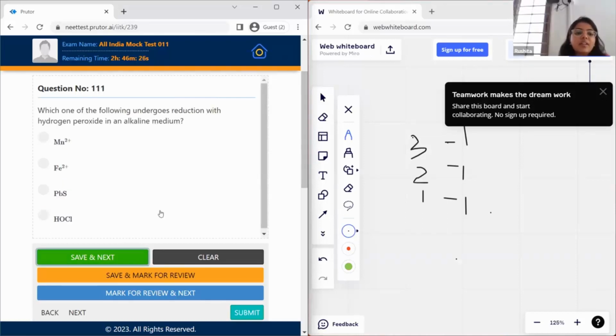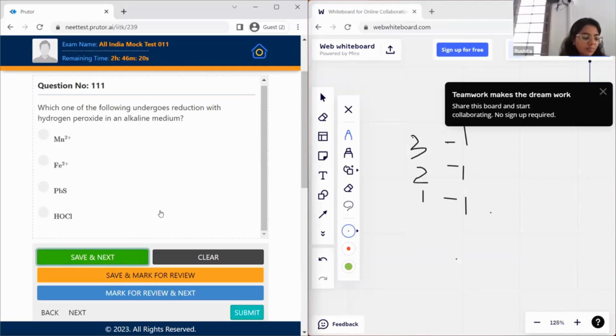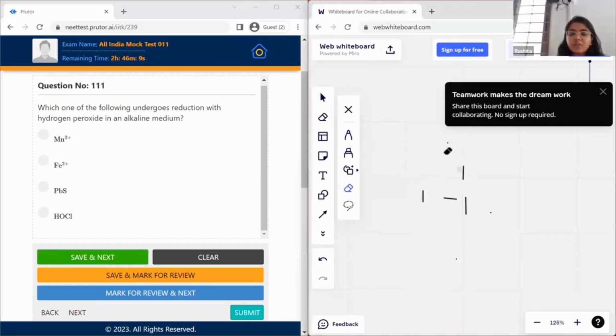Okay. Reduction with hydrogen peroxide. So out of all these elements, which would undergo reduction in an alkaline medium, you need to know the equation with all the elements. So we start with Mn and we need to do it with H2O2.